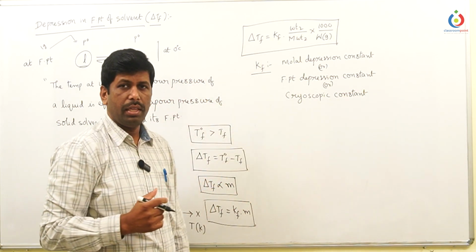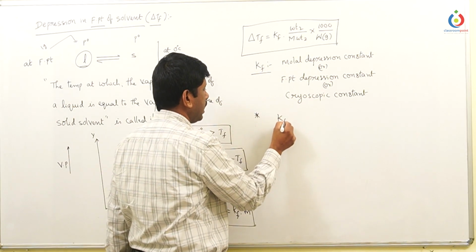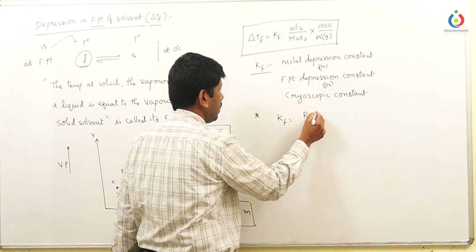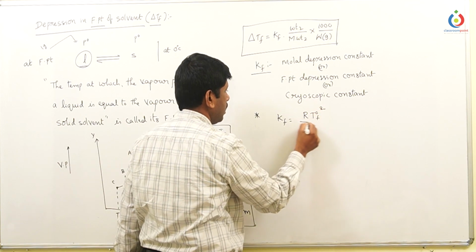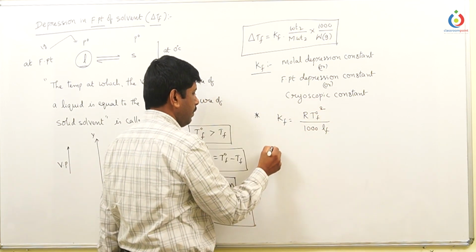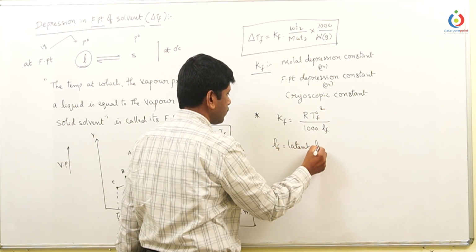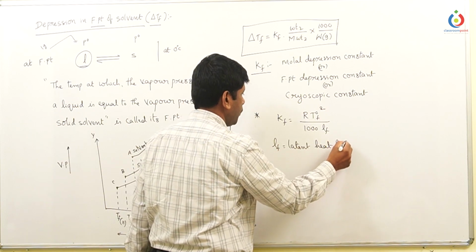Then how to calculate the Kf value? Kf can be calculated using the formula Kf equals R T naught F square divided by 1000 into LF, where LF means latent heat of fusion.